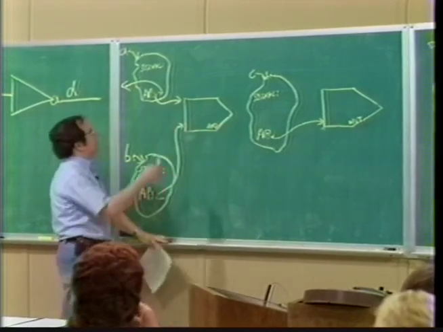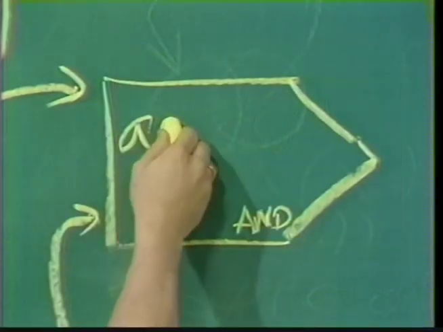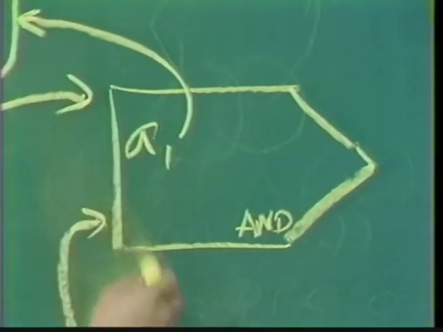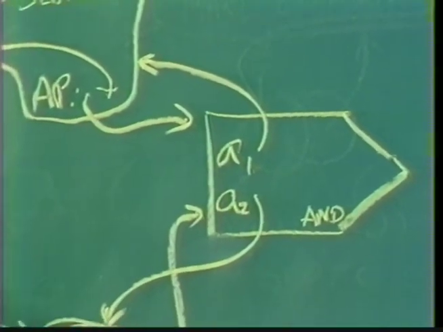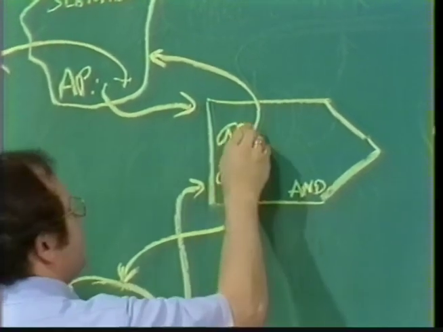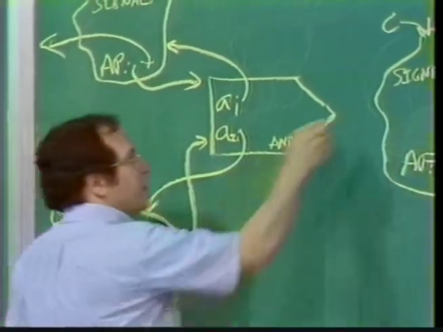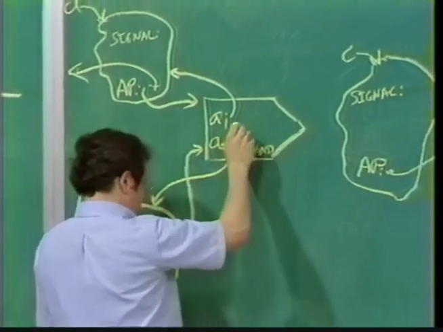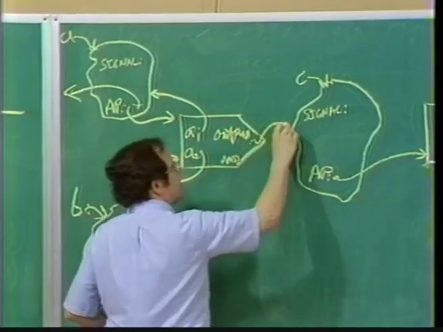So there has to be, for example, information here saying my A1 is this guy, and my A2 is this guy. And not only that, when I do my AND, I'm going to have to tell this guy something. So I need an output, being this guy.